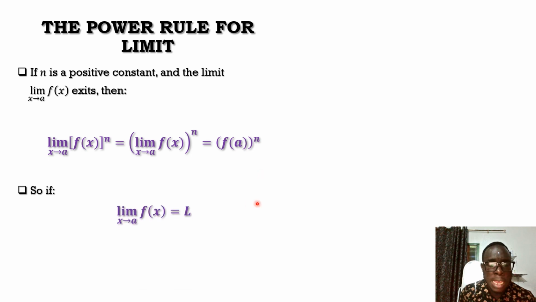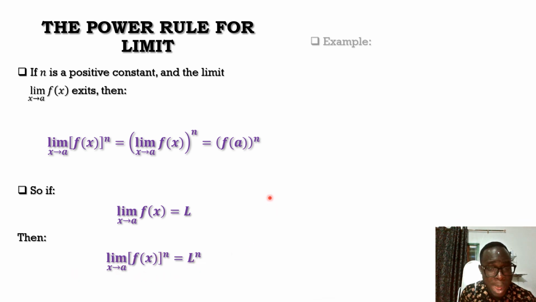Now, it means that if the limit as x approaches a of f of x equals L, then the limit of f of x to the power n as x approaches a will be L raised to the power n.